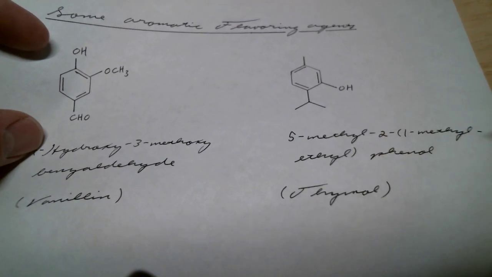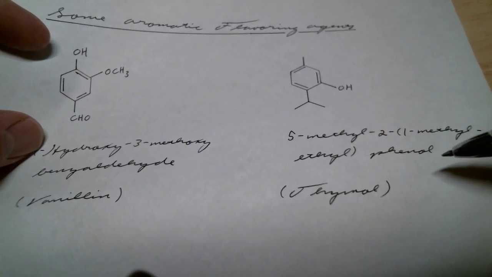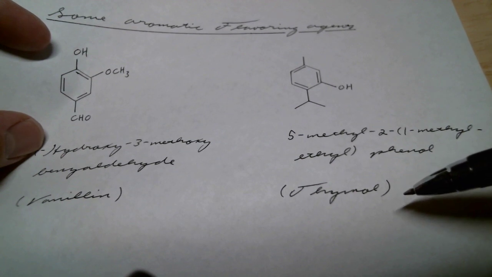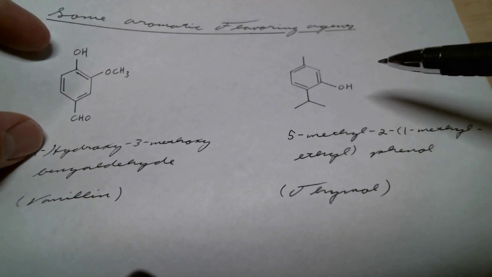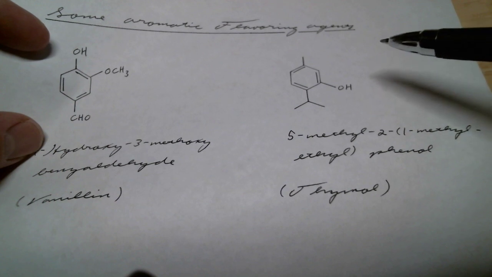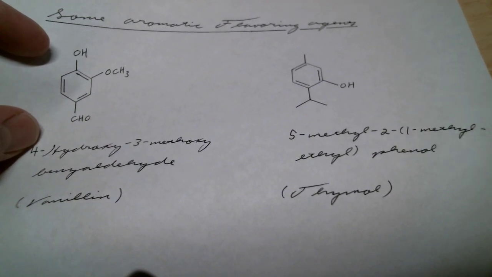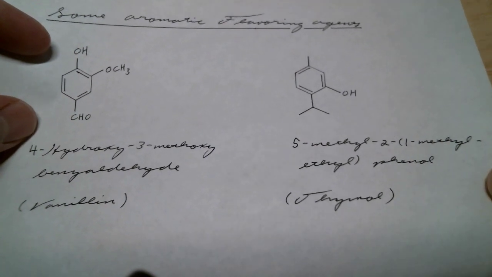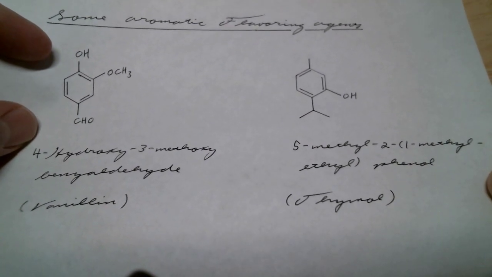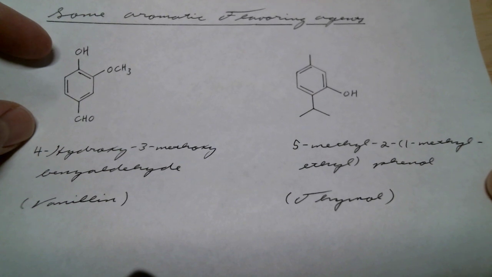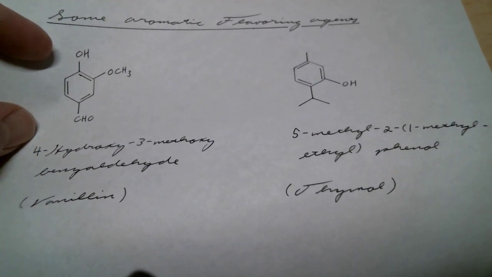Here's 5-methyl-2-(1-methylethyl)phenol, or thymol. So nature makes use of aromatic rings and creates some interesting molecules that plants produce and we can appreciate through a deeper understanding of our organic chemistry.